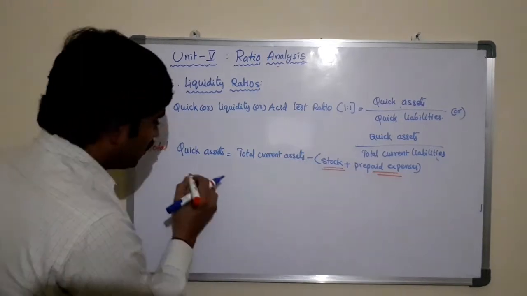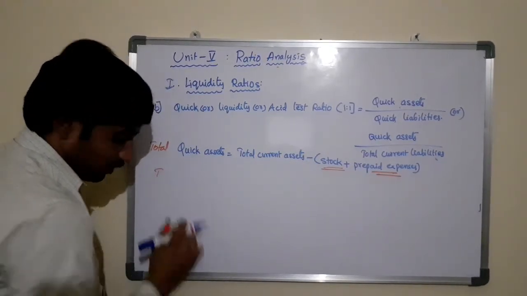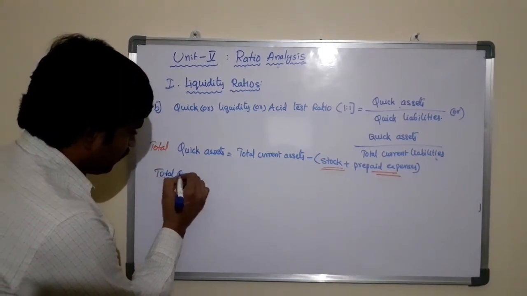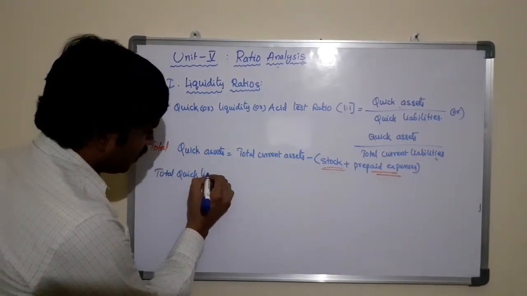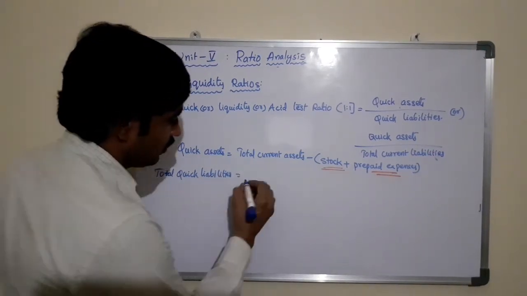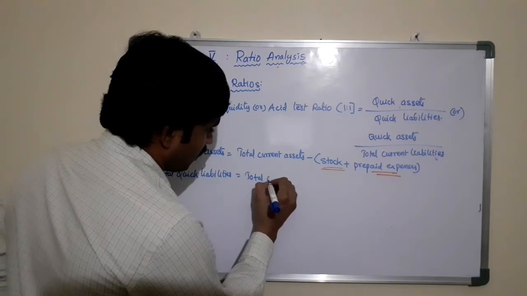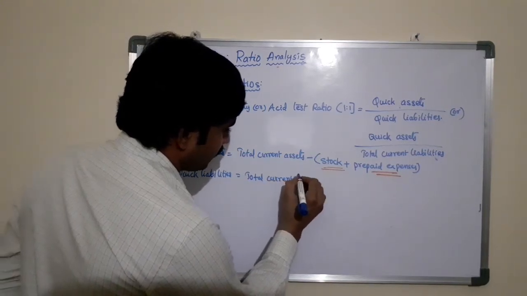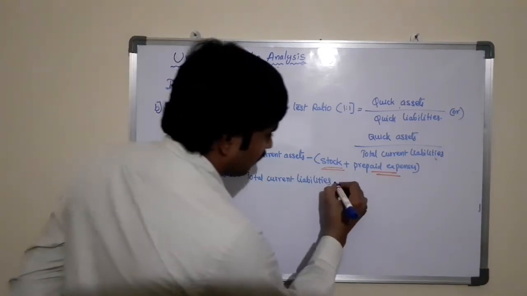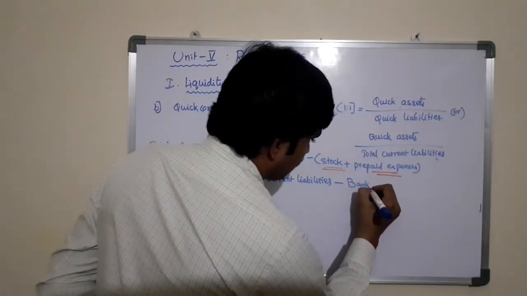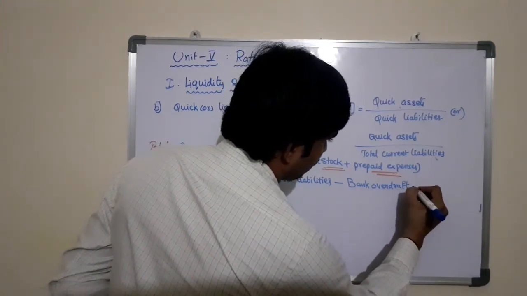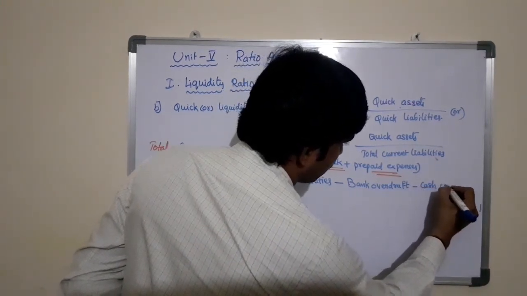The second one is quick liabilities. Total quick liabilities equal total current liabilities minus bank overdraft minus cash credit.